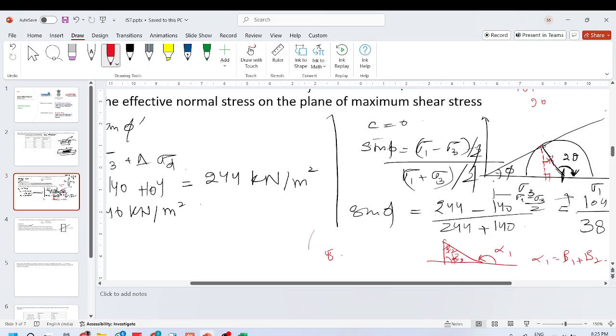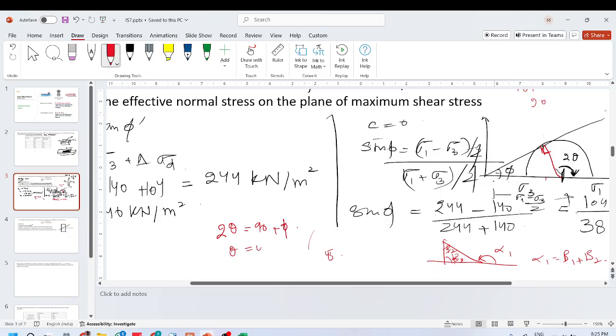Okay, let's take this complete. This is 90. So 2 theta equals 90 plus phi.